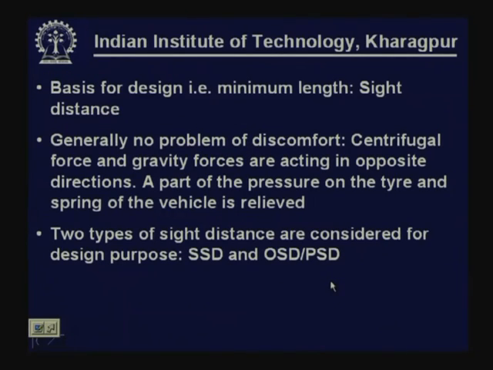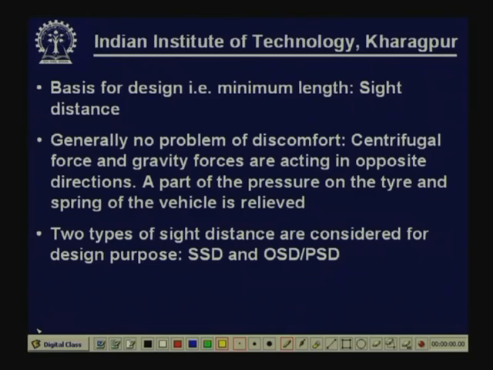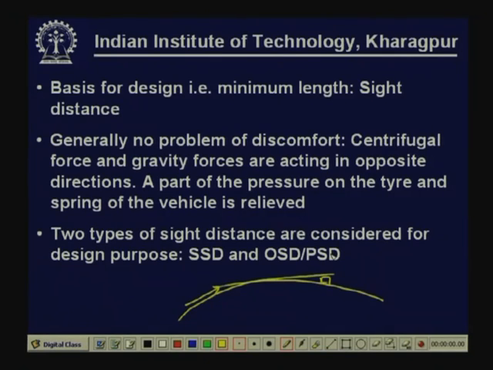Basis for design of summit curve. For a summit curve, the problem is actually the sight distance. A vehicle approaching from this direction should have sufficient sight distance to see the vehicle coming from the opposite direction, or even a stationary object on the road.